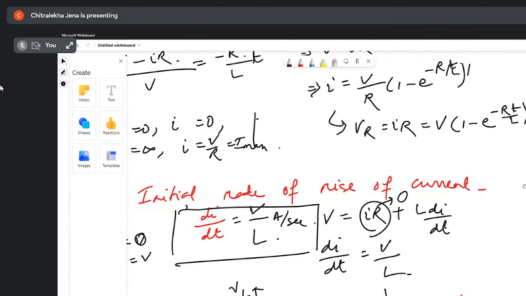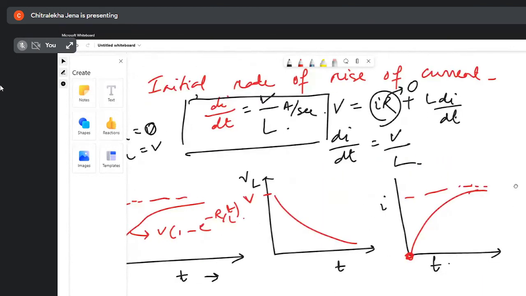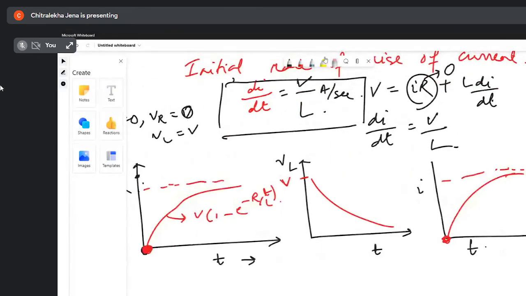Okay, so what is your current equation? I maximum into how much? 1 minus e to the power minus R by L into T. Yes or no? Yes ma'am.